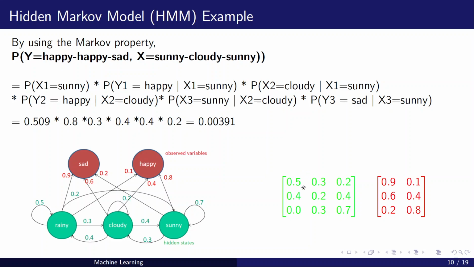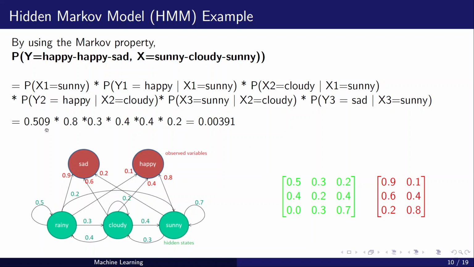The transition is from the green matrix, and the observable variable given hidden is from the red matrix. The transition from x1 to x2 is 0.3. So it can be obtained as a product of 0.8 into 0.3 from the green matrix, into 0.4 from the red matrix, and this 0.4 from the green matrix, and this 0.2 from the red matrix.